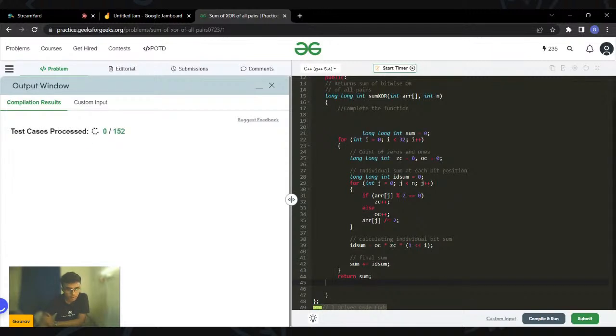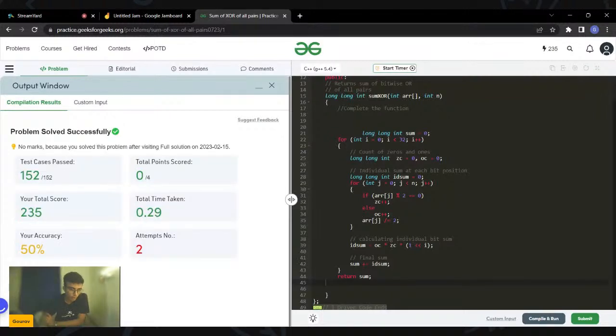Yeah, let us see now. I suppose this should work. Yeah, so as you can see, all the test cases have passed. So therefore, this solution is correct.